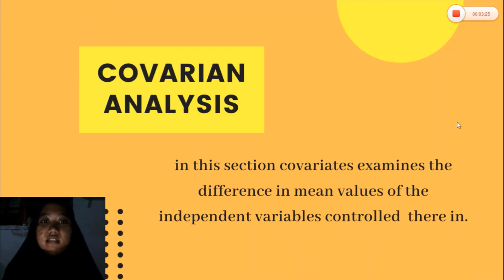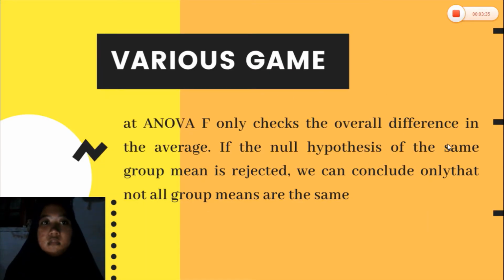Analysis of covariance examines the difference in mean values of the dependent variable related to the effect of the controlled independent variables. Multiple comparisons. In ANOVA, the F test only checks the overall difference in the means. If the null hypothesis of equal group means is rejected, we can conclude only that not all group means are the same.